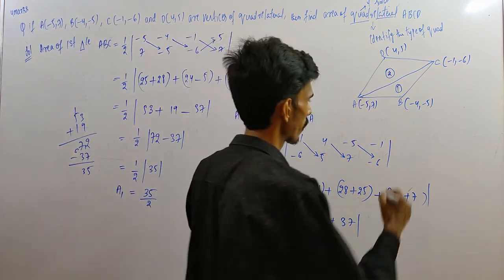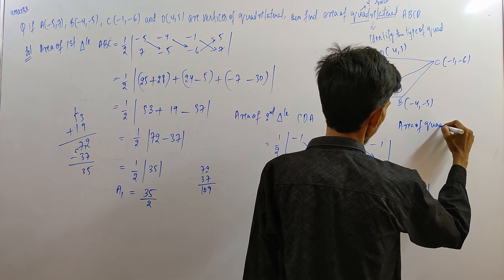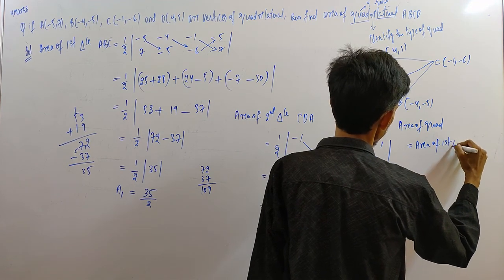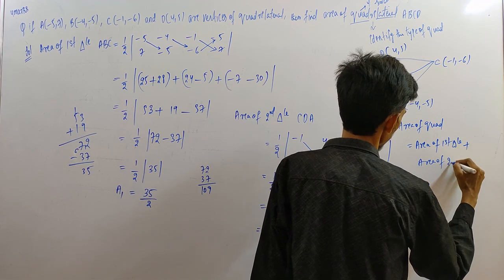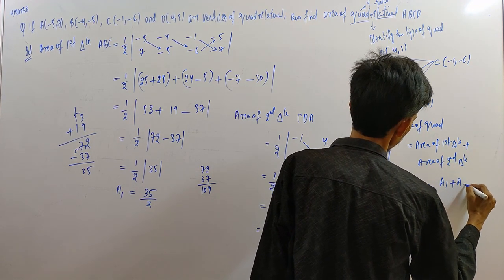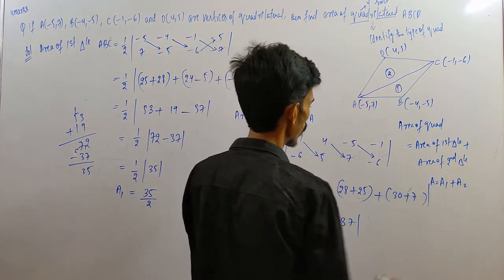Total area is the sum of these two. Area of quadrilateral is area of first triangle plus area of second triangle, that is A1 plus A2. Area A equal to A1 plus A2.